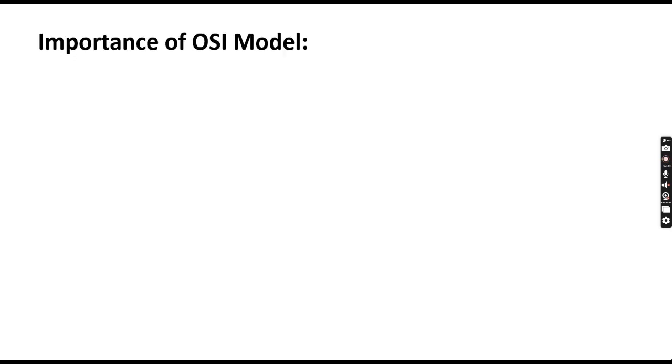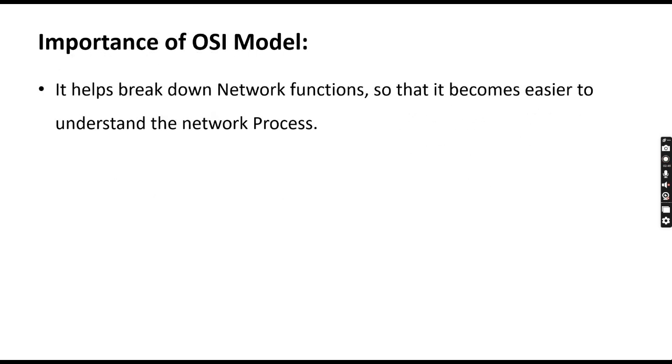A couple of major points to remember. First of all, it breaks down the network functions so that you can understand how the network functions work at every point between the devices, which makes it easiest to understand your complete network process. This is the first point. How does it break down the functions?